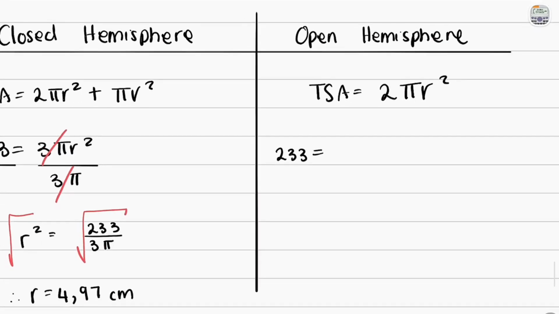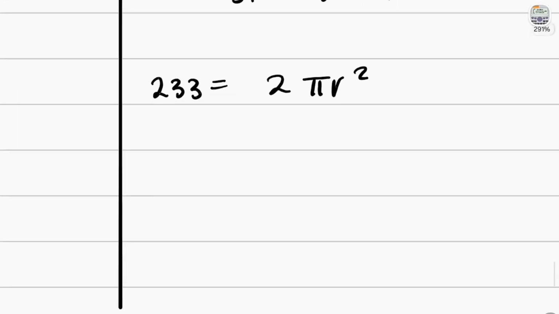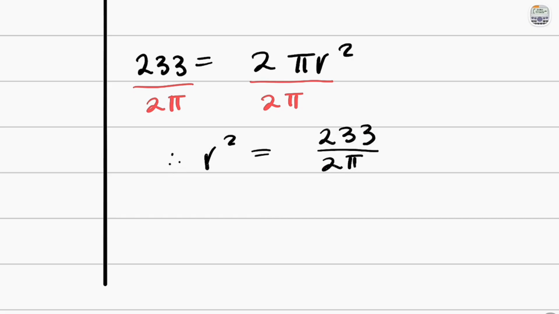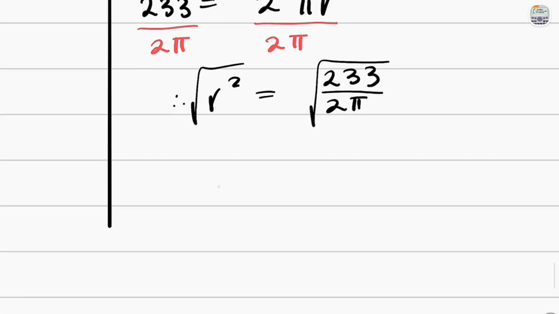That's why I'm putting down 2 explanations for that. In this case, you're just trying to solve for r squared again, but this time we have 2 pi here. So divide by 2 pi, divide by 2 pi. And finally, r squared equals 233 over 2 pi. Then square root both hand sides to get your final answer.